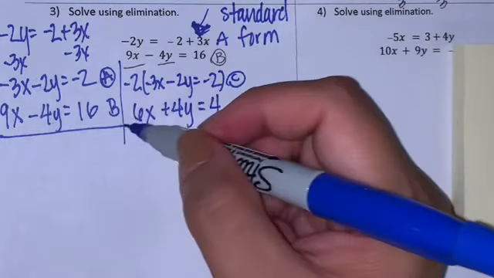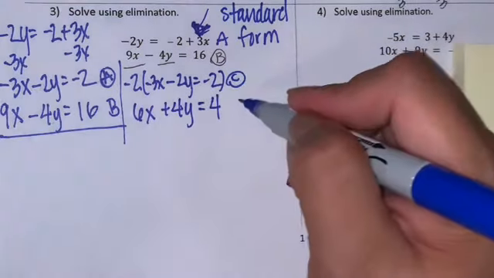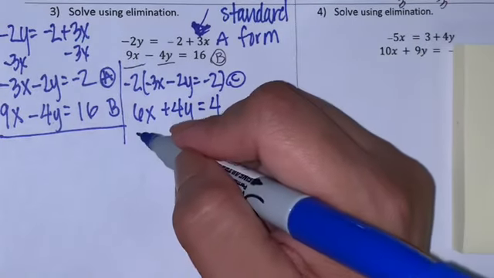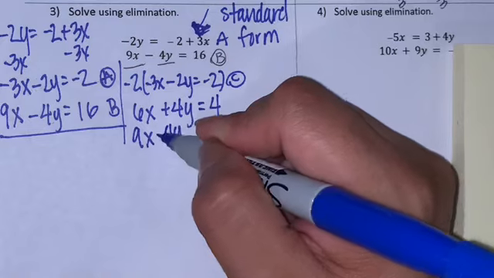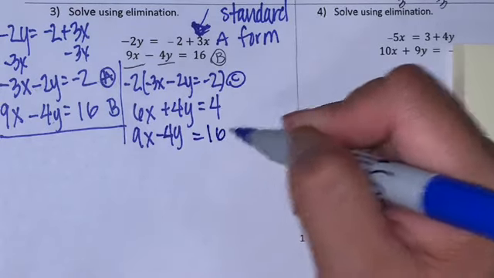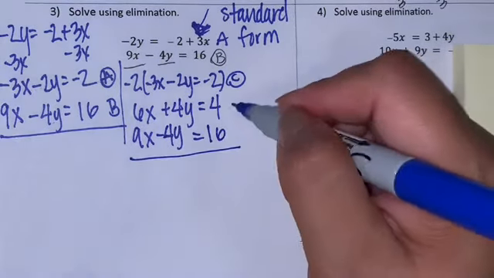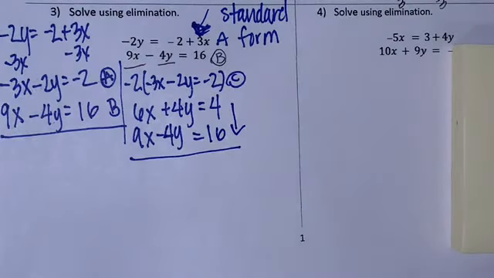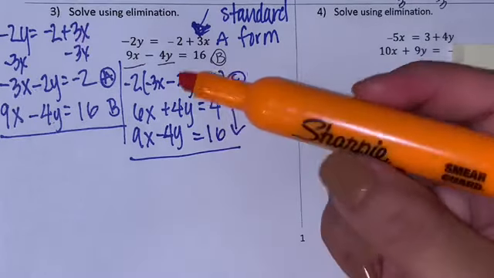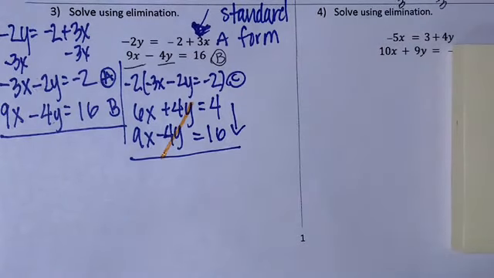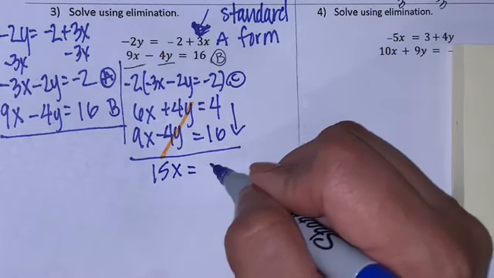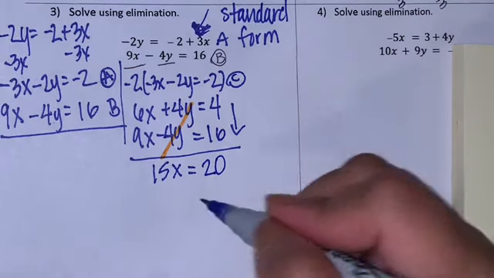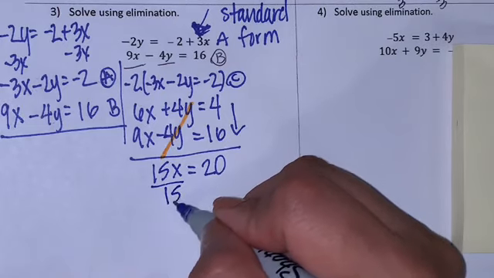I'm going to bring this in underneath for adding. 9x minus 4y equals 16. And I'm going to add going down. I know that these two eliminate. And then I'm left with 15x equals 20. I'm going to solve for x, so I'm going to divide both sides by 15.